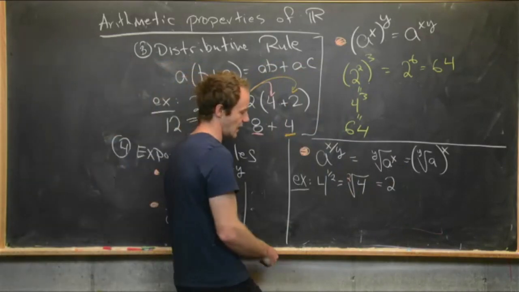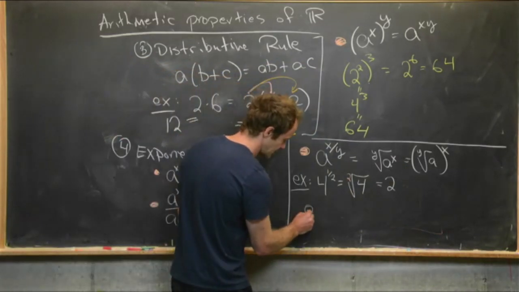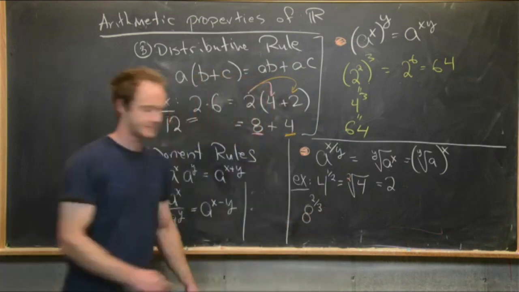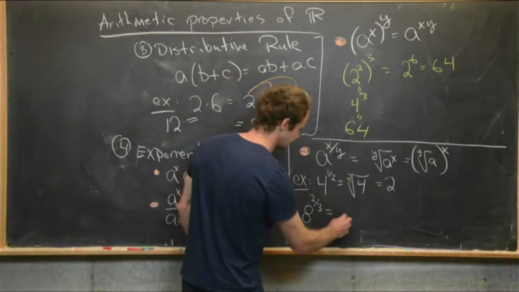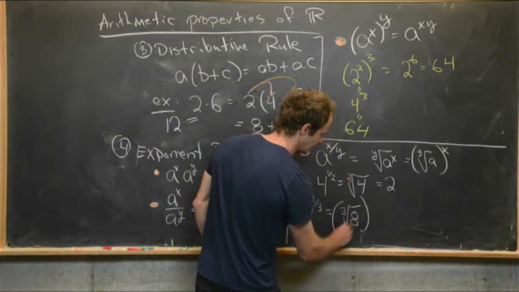And then, let's see, we could do maybe 8 to the power of 2 over 3. Using this rule right here, that is going to be the third root of 8, and then you need to square it.